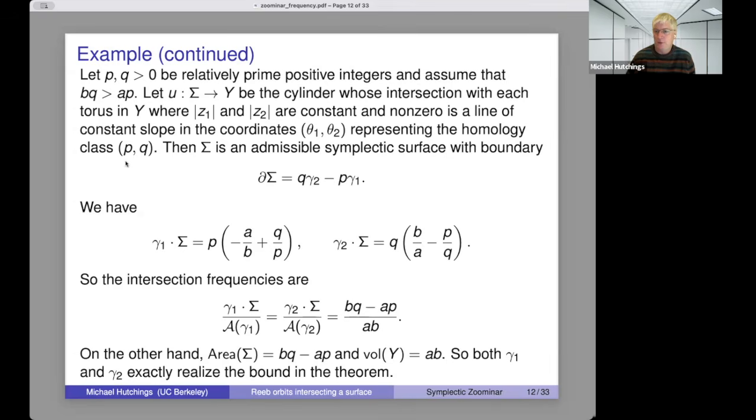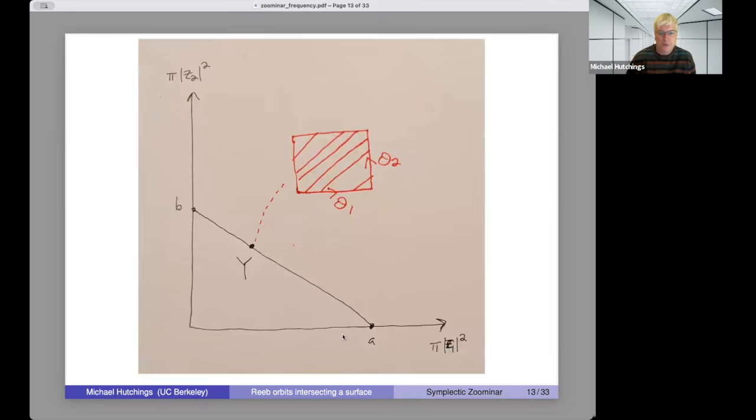So it's like a (p, q) torus knot in the 3-sphere. So I drew a picture here. This is the toric picture. In the toric picture, Y is just this line segment. And over each point in the interior of the line segment, I have a 2-torus. And the surface in that 2-torus is these diagonal lines.